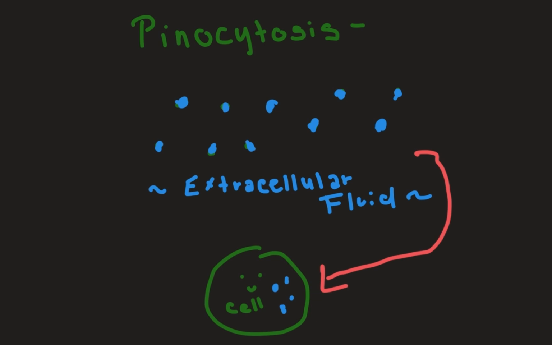And basically, it's the ingestion of liquid by the cell, and it usually happens through small vesicles from the cell membrane that kind of open up and then take the extracellular fluid and take it down into the cell where it will be used, or for whatever processes that the cell may need to carry out with the extracellular fluid that it took in.